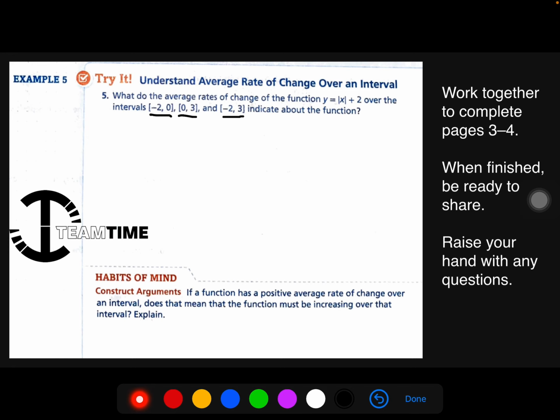Well, let's isolate this absolute value first. So you get y minus 2 is equal to the absolute value of x. And then we want to set x equal to plus and minus y minus 2. So x equals y minus 2, and x equals negative y plus 2.